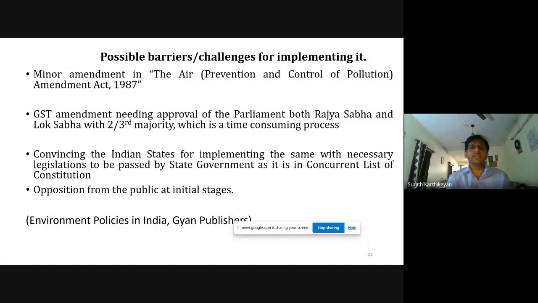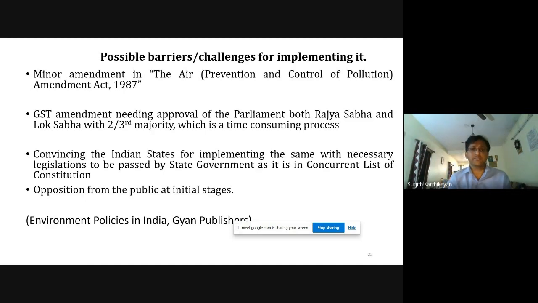So a few sections may need to be amended. Then GST also requires approval of Parliament, both Rajya Sabha and Lok Sabha with 2/3 majority, which is a time-consuming process. But first it should be agreed by the GST Council, and then the required amendments could be done through the Finance Act.